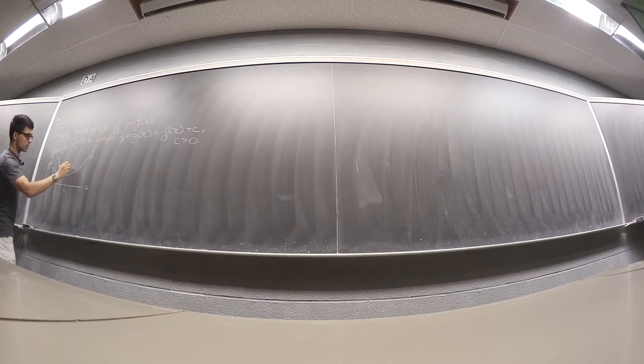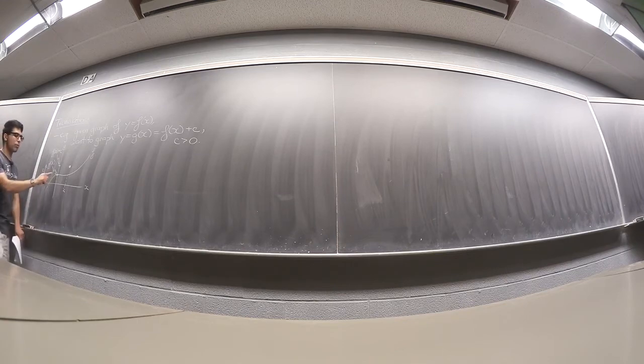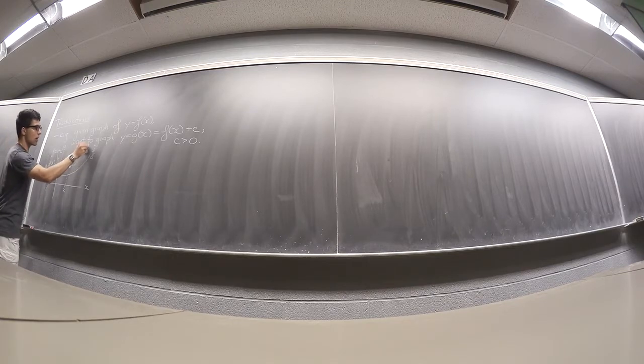So here, c units up. If you do that for every point on the graph of f, then you see that the graph of g is just f shifted up c units. Is that cool? Any questions about that? And that's what the first one says.